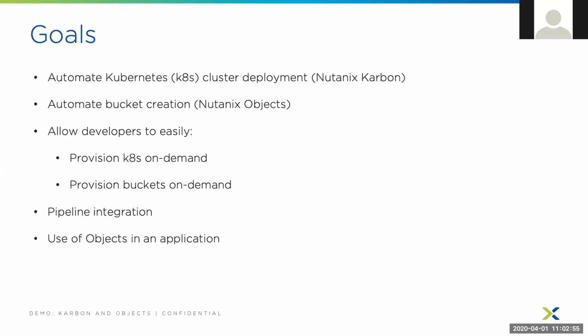And the end goal was to allow developers to easily provision Kubernetes clusters. So the idea was that they would have one large production Kubernetes cluster, and that each developer could easily request their own Kubernetes cluster. This is, of course, a perfect use case for Nutanix Karbon.